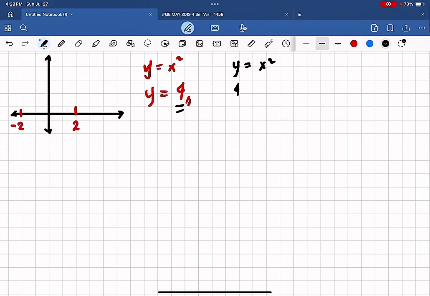So this will become now 4 is equal to x squared, and x, this will become now the square root of 4. Then the square root of 4 is equal to x plus or minus 2. So that's why it gives us this value of x, the negative 2 and the positive 2.